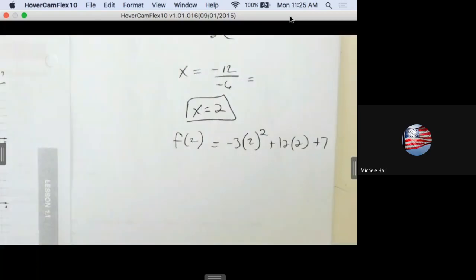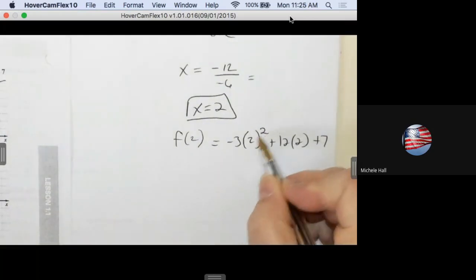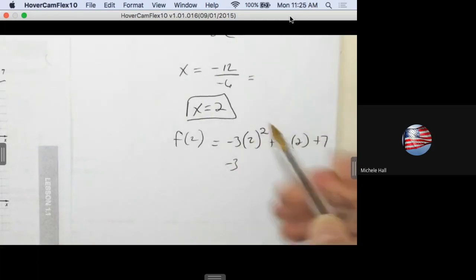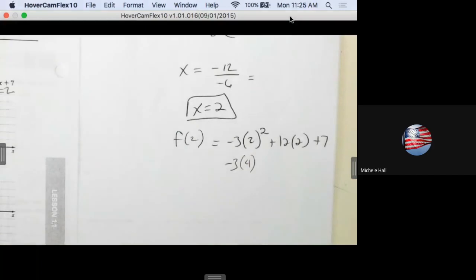PEMDAS. I have to have an order. Order is all around us. We live in a universe of order. My body is governed by order. So you start with exponents first. That's negative 3 times what's 2 squared? 4. That is one of the biggest mistakes that I see besides labeling, is not doing exponents before you multiply.